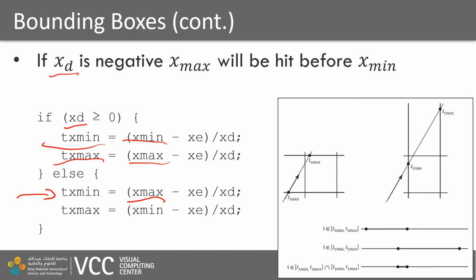So we store this in the Tx min, and the same holds for the Tx max. Then we are using the second line, which will be the x min line. And then we are proceeding exactly as we did in the previous case. So we are just fixing our order by this if-else statement. And this holds for the x-coordinate, and a very analogous operation will be necessary for the y-coordinate as well.